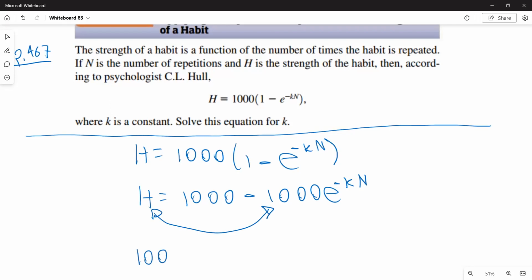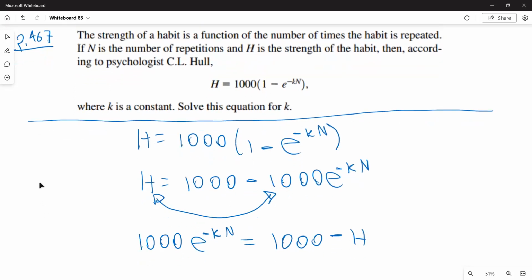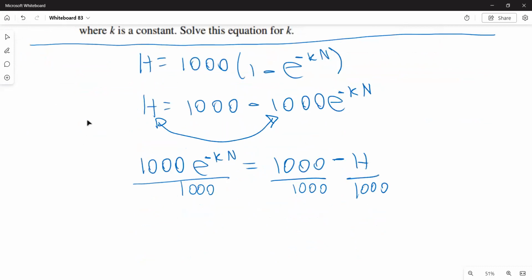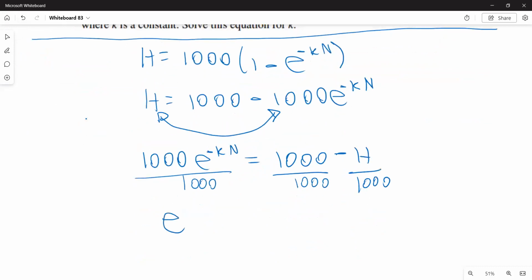And 1,000 e raised to the opposite of kn is equal to 1,000 minus h. Divide by 1,000. So e raised to the opposite of kn is equal to 1 minus h over 1,000.